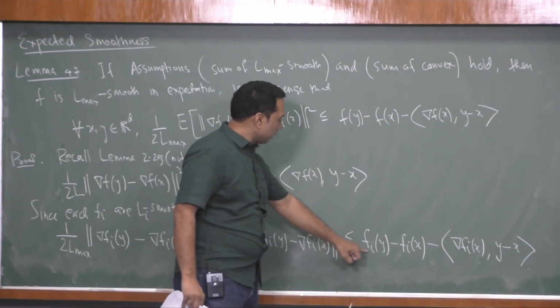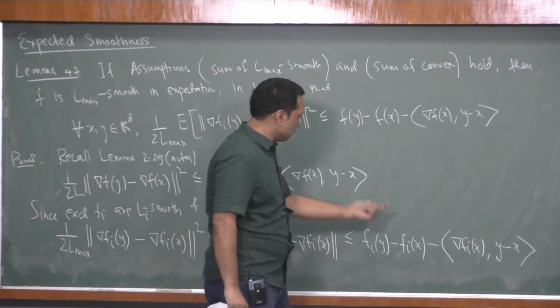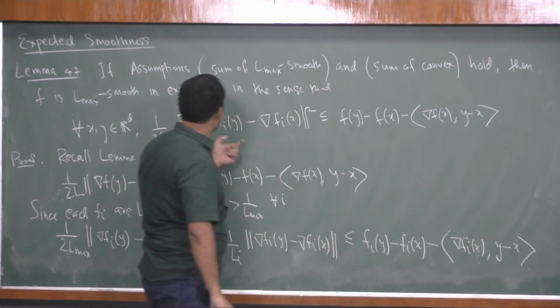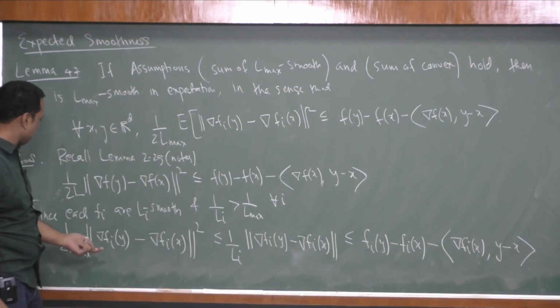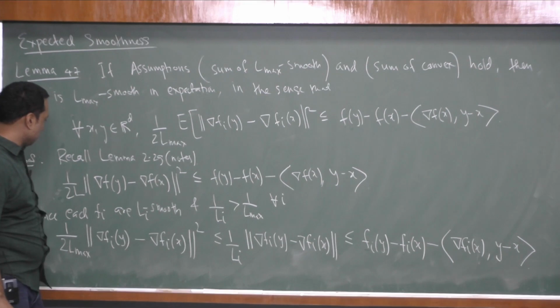If I sum this n times, then I will get the sum of Fi, which will be Fy, the sum of Fi x will be Fx, similarly for the gradient. And here the sums that I will have will be seen as an expectation, because it's in the norm, right?